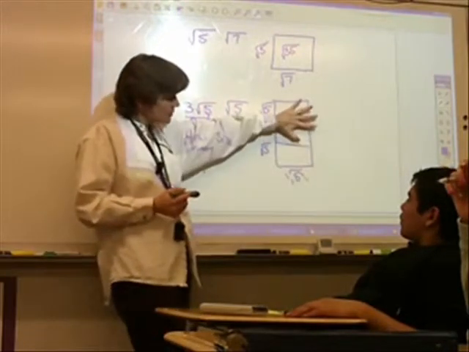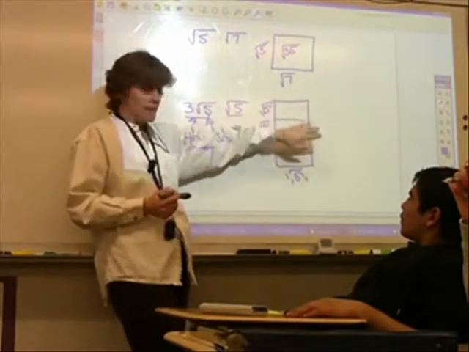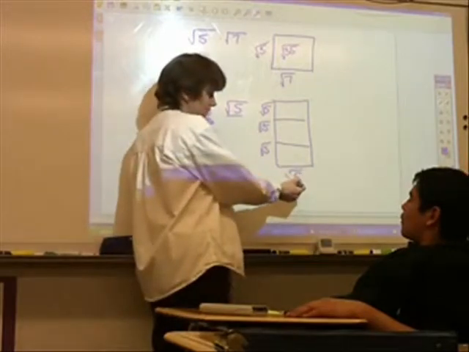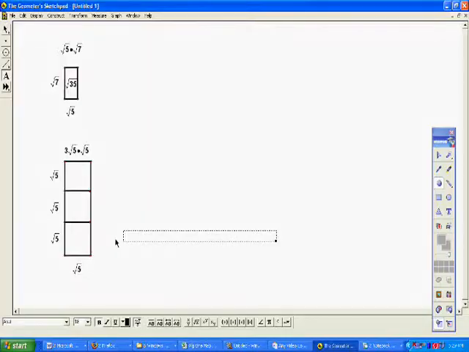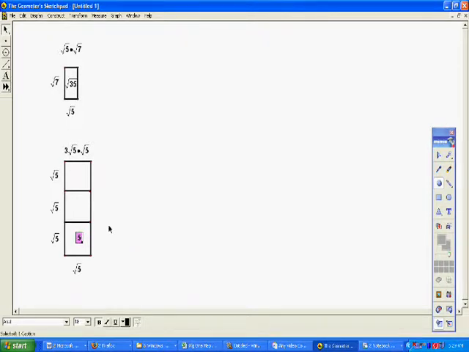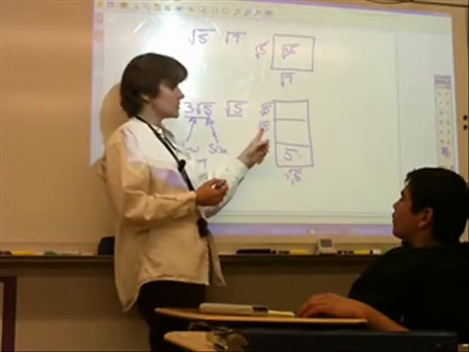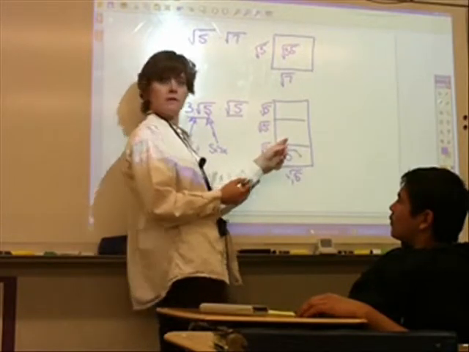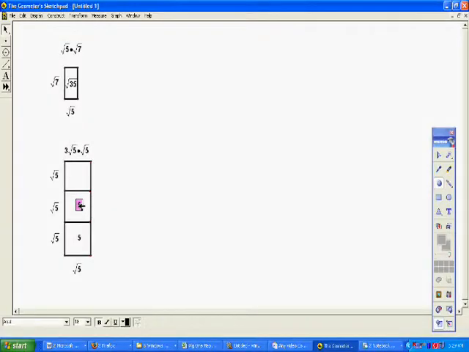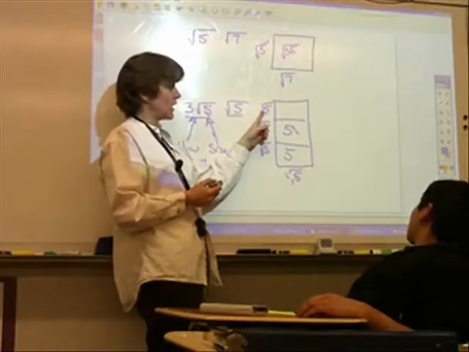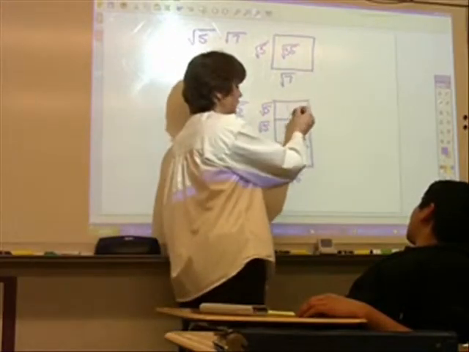Now, if I look at these pieces individually, I have the square root of 5 times the square root of 5 equals what? Square root of 25. What's the square root of 25? 5. Square root of 5 times the square root of 5 equals 5.